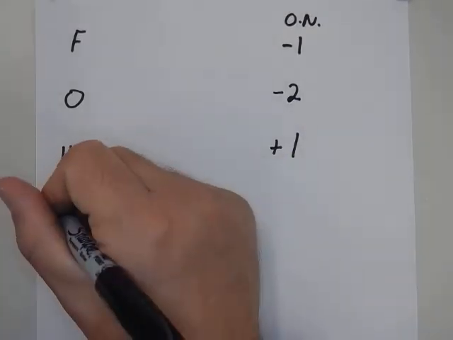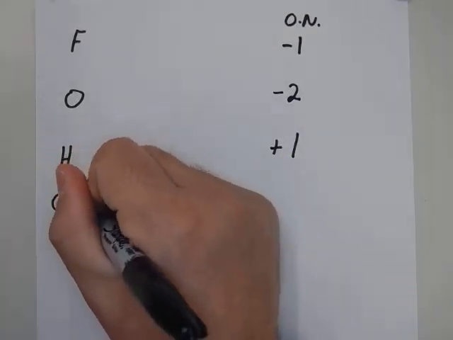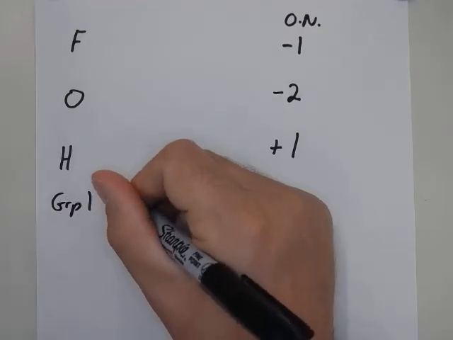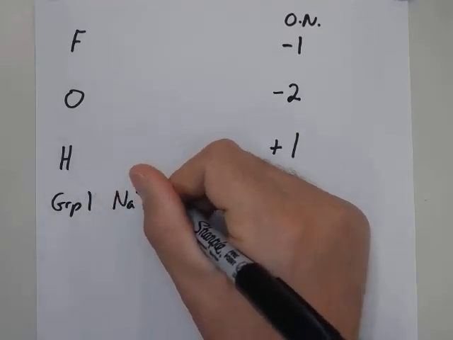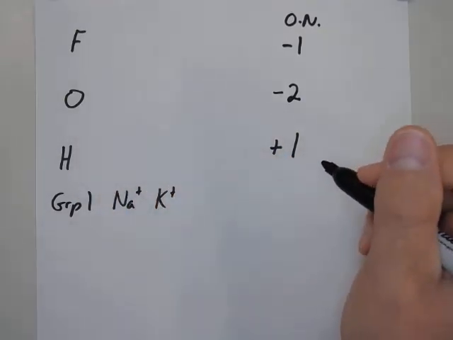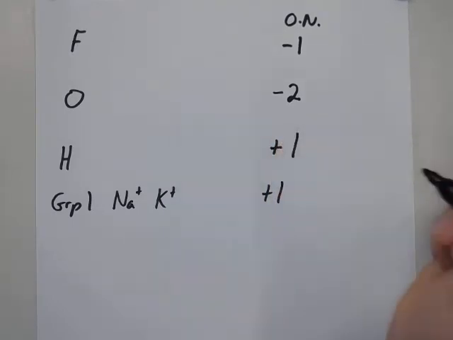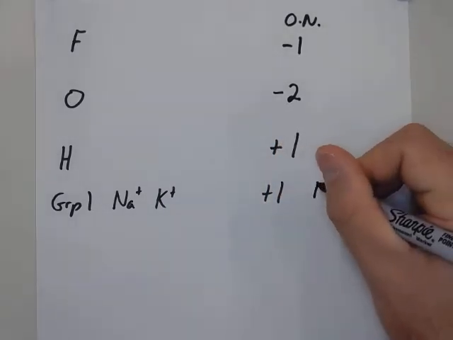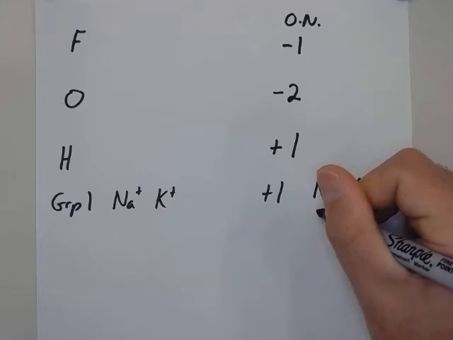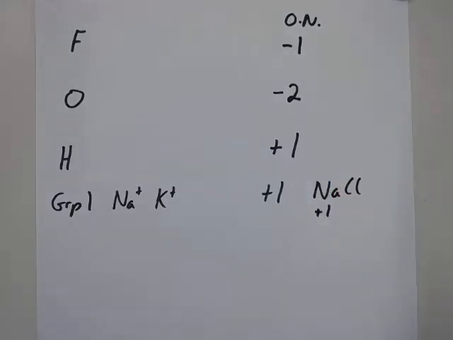If you take something from group 1, like sodium, potassium, they will be +1. So for example, in NaCl, the sodium has an oxidation number of +1.